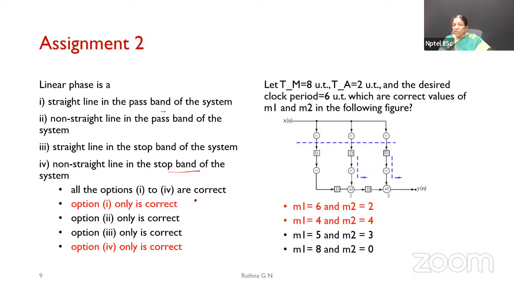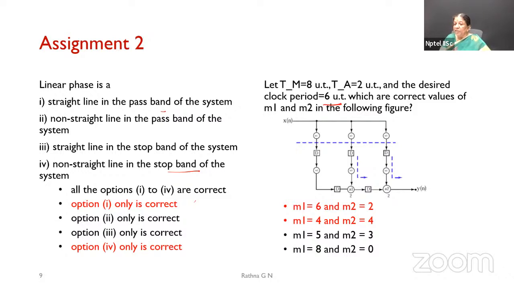Now coming to this problem. Multiplication takes 8 units, the adder takes 2 units, and the desired clock period is 6 units. Which are the correct values of M1 and M2 in the following figure? Because we want an output every clock cycle, we need 6 units from any of the units.